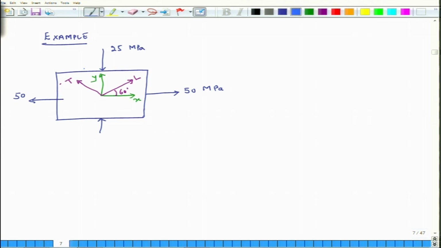And then finally, I am subjecting it to shear stress, and what is the value of this shear stress? This is 50 MPa.